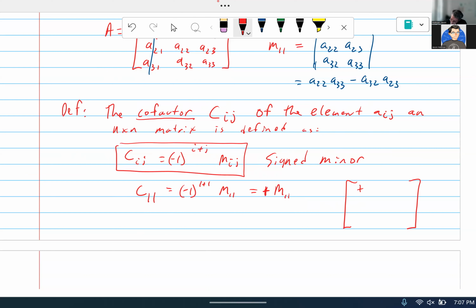It goes plus, minus, plus, minus, plus, minus, plus, minus, plus. So we just get the minors, and then I assign it its sign. Okay, I get the cofactor. Sort of this checkerboard pattern.